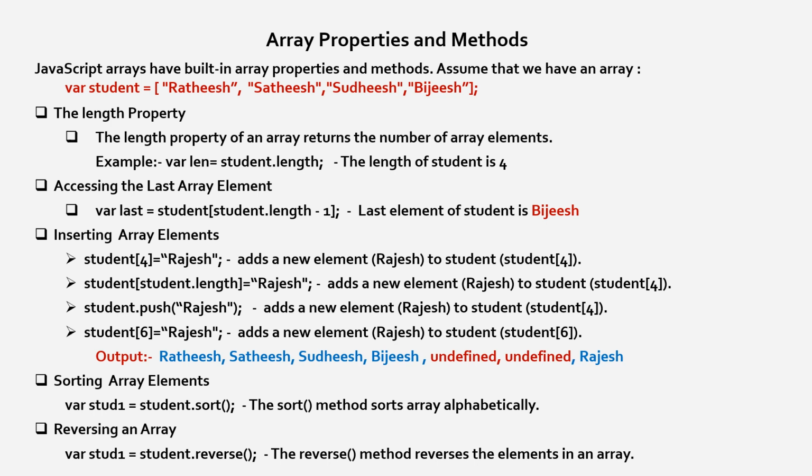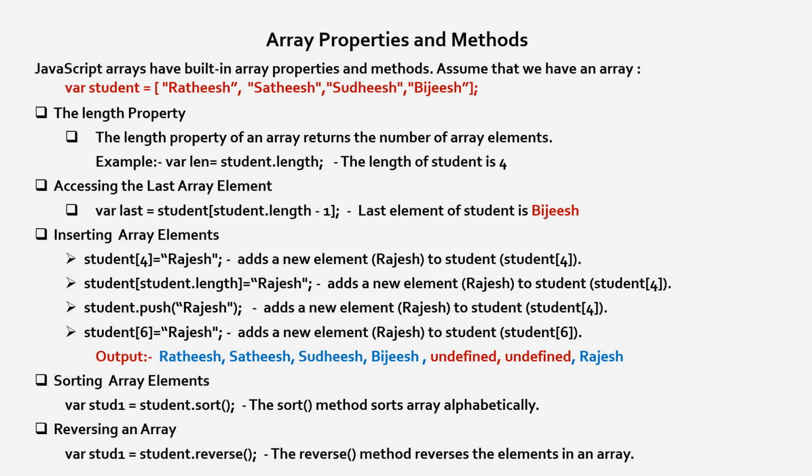So if you want to locate the last element, use the length of the array minus 1, so you will get student of 3. That way you can locate the last element. This will locate the last element: student of student.length minus 1. So you will get Bijesh's output.